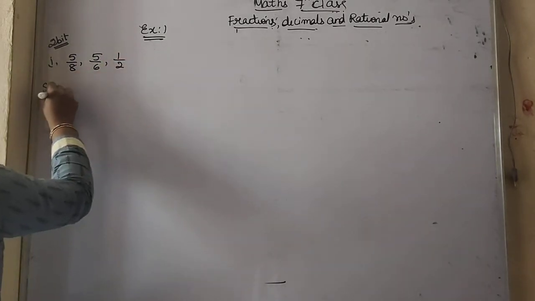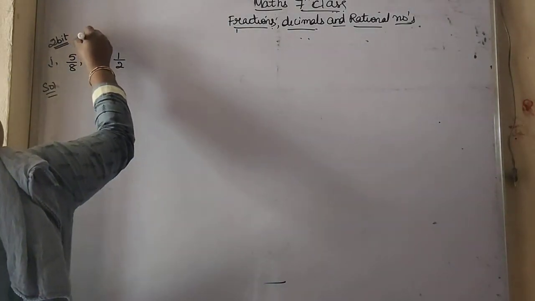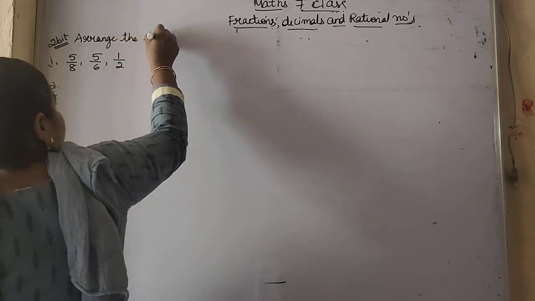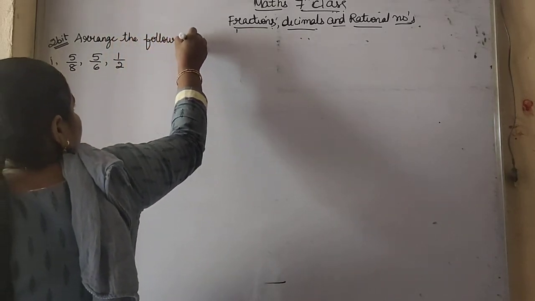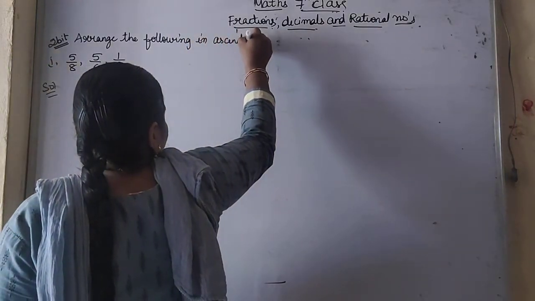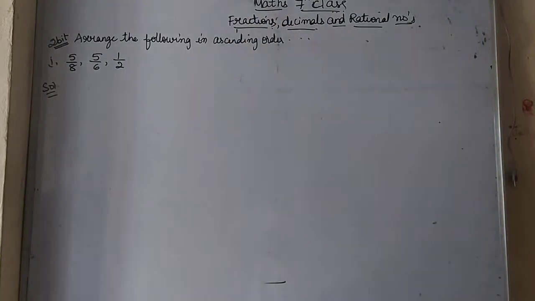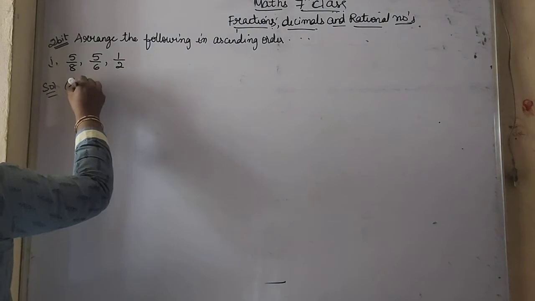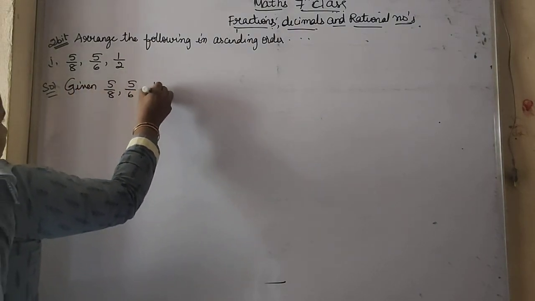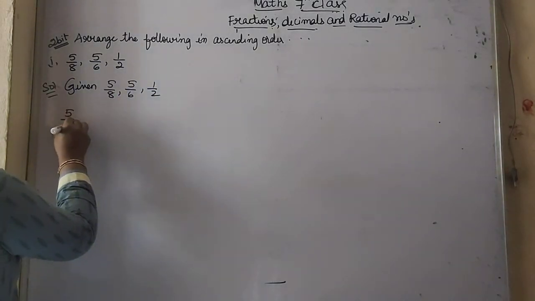We have to arrange these in ascending order. Ascending order is nothing but smaller to bigger values. So first, given 5 by 8, 5 by 6, 1 by 2, we have to arrange in ascending order. So write here individually.